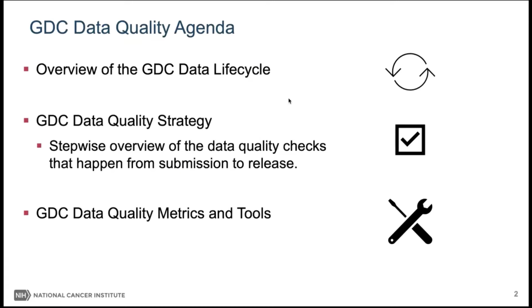Next, we're going to talk about, within that lifecycle, all of the data quality strategies that are used by the GDC. This will be a stepwise overview of all the checks that happen, like I said before, from submission to release throughout the data lifecycle. And lastly, I'd like to go over some of the GDC data quality metrics that are used and the tools that are used internally and made available to end users.